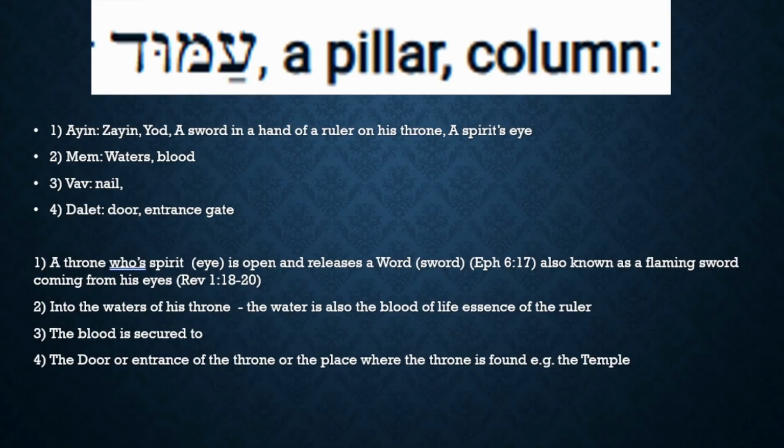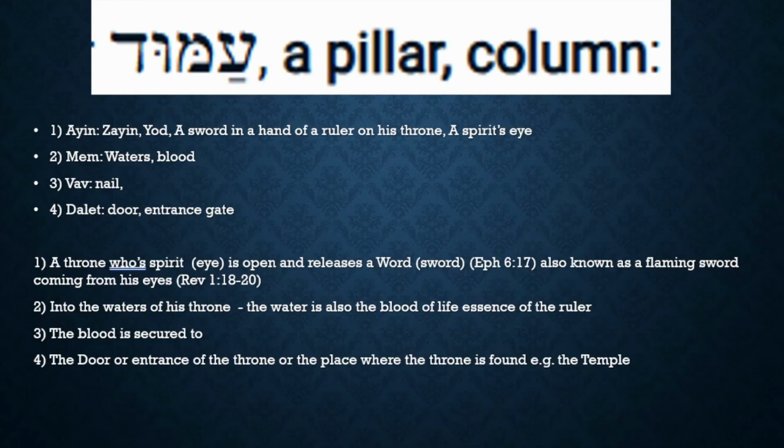Sofit mem, sofit nun. So you have a vav in between here if you want to. So you are surrounded by the word. Let me just remember if I got that right. But you are surrounded by the word, you are standing in grace. Then, do you know what?